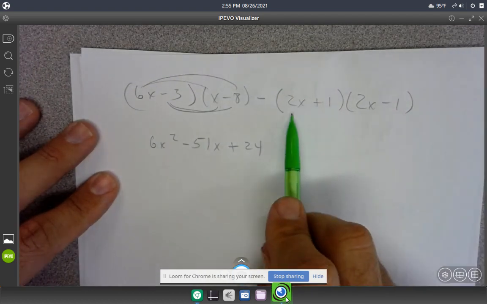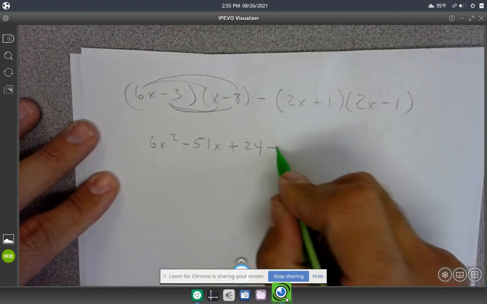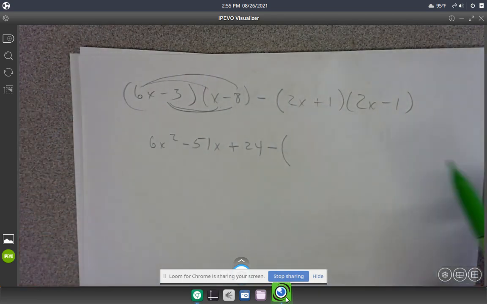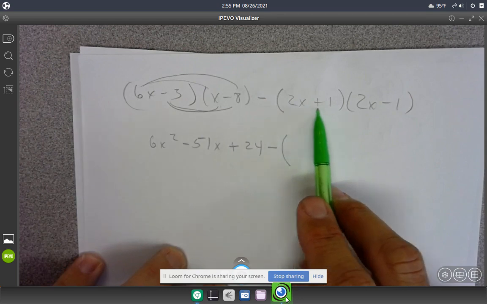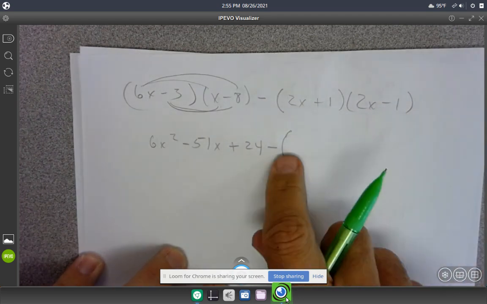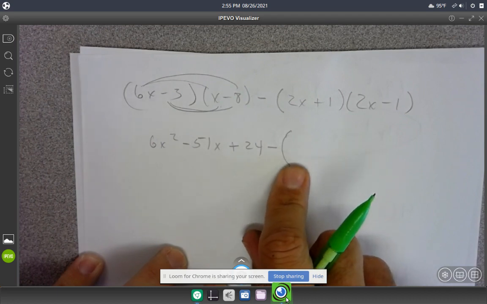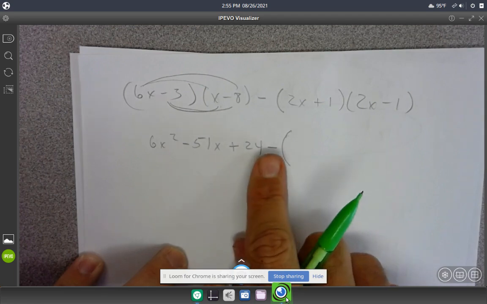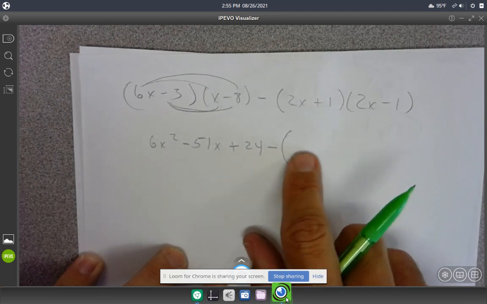Okay, when we're doing this, we need to subtract. I'm going to keep this in parentheses because we need to subtract all of whatever this is. If you don't put the parentheses here, you might end up getting it wrong, because without the parentheses, you're only subtracting the first thing you write here.